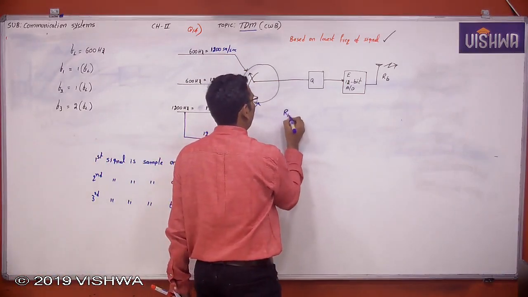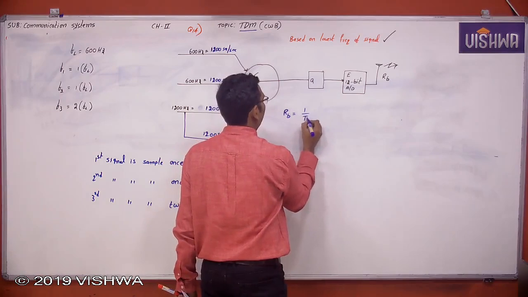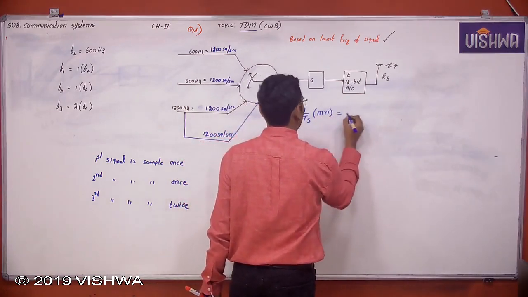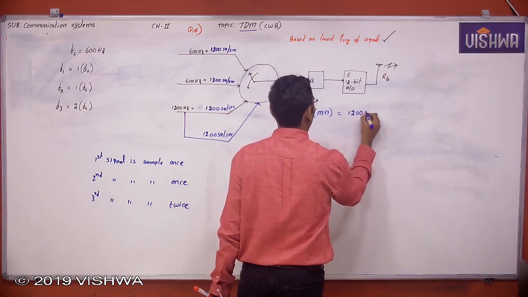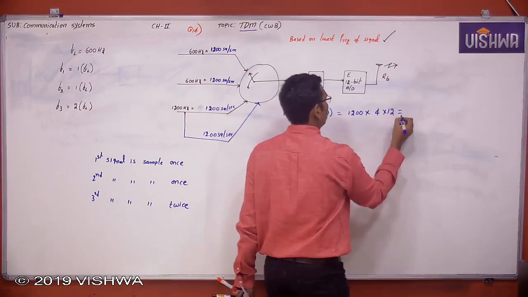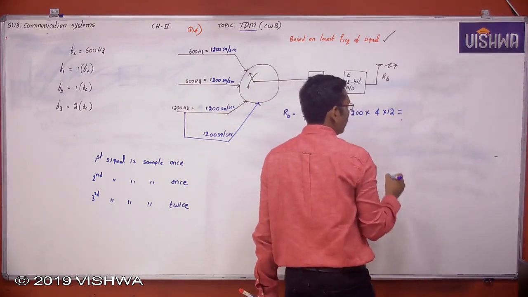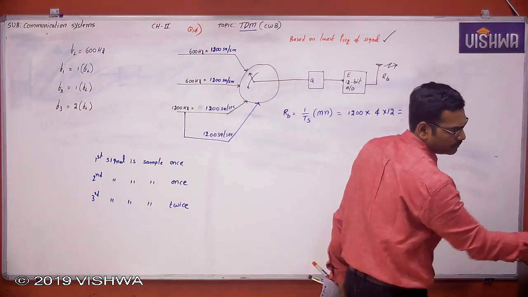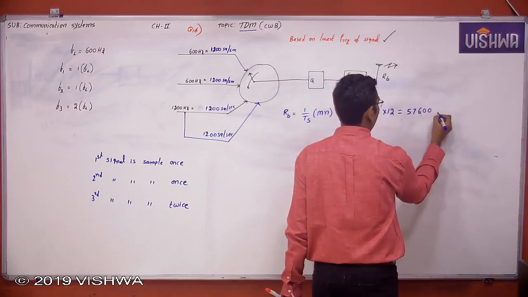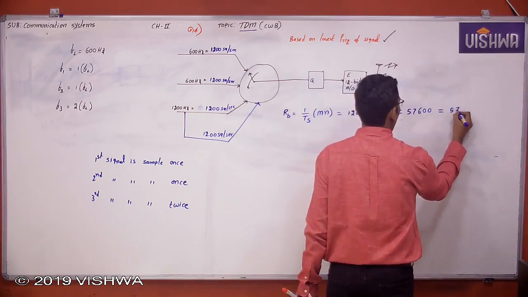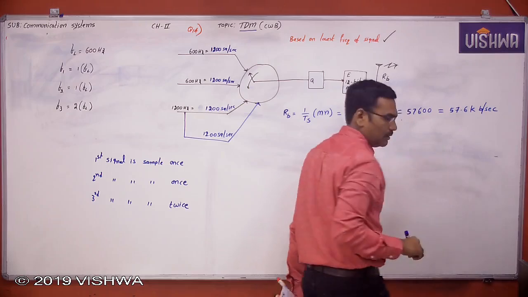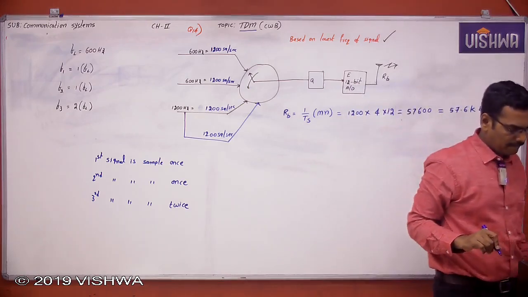Bit rate Rb equals 1 by Ts into capital M into small n, which is 1200 samples per second, M is 4, n is 12, which is equal to 57,600. Therefore the bit rate is 57.6 kilobits per second. Okay, note it down.